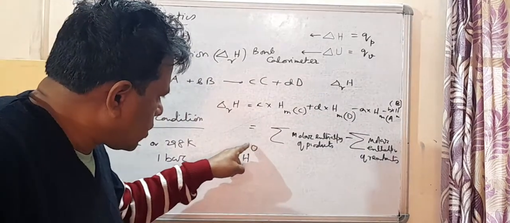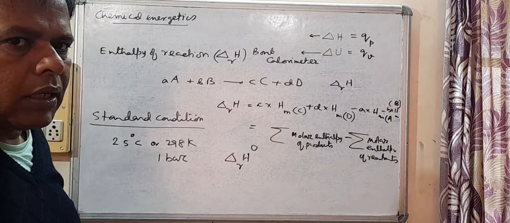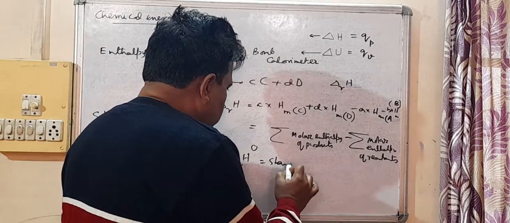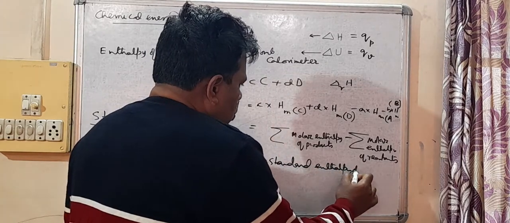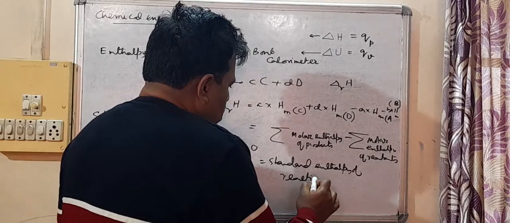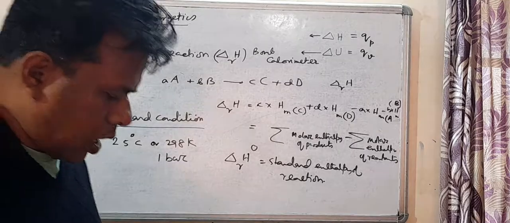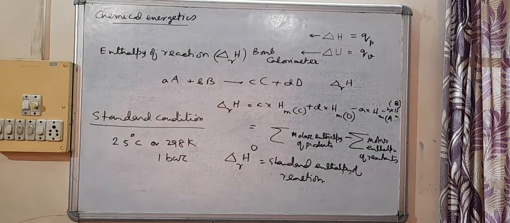This naught here represents standard enthalpy of reaction. So that is, enthalpy of reaction at standard state of 298 Kelvin temperature and 1 bar pressure is called standard enthalpy of reaction.